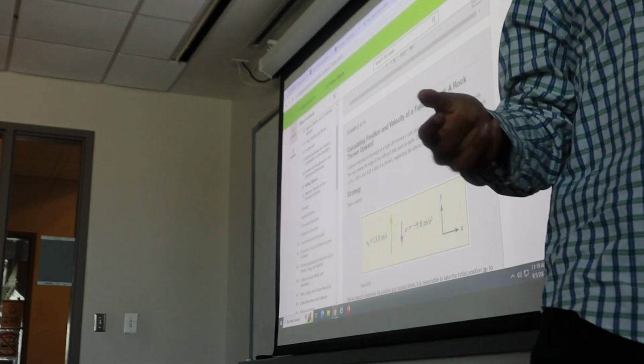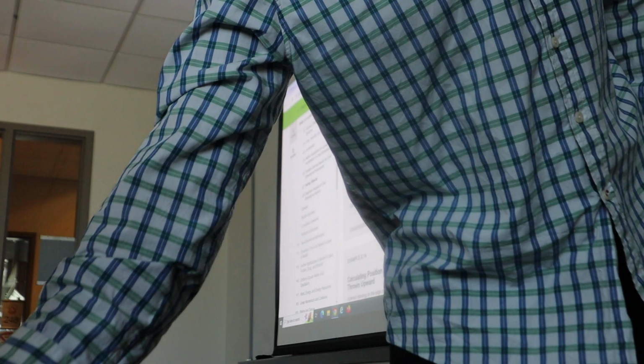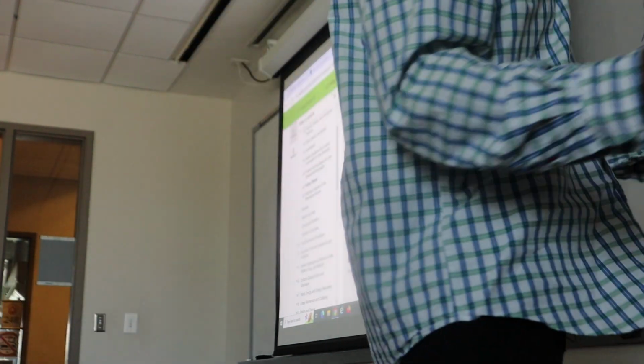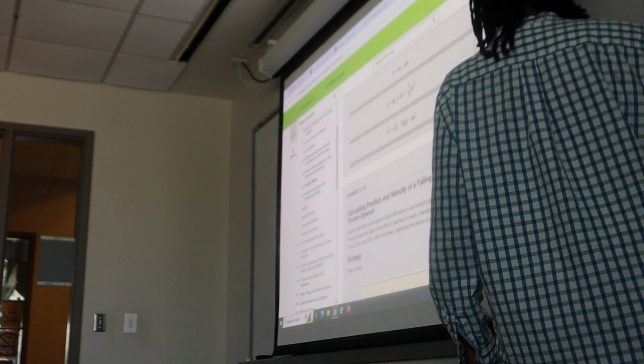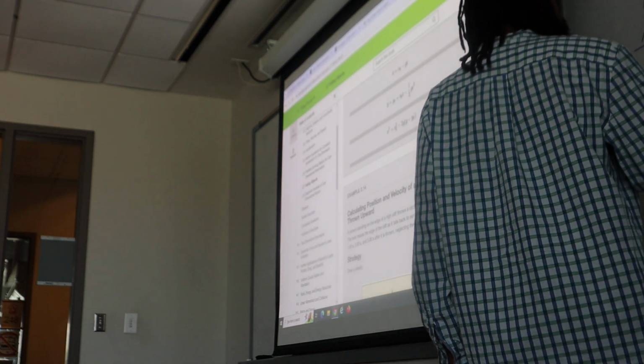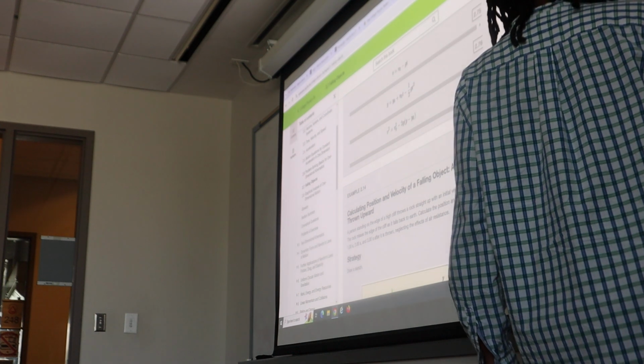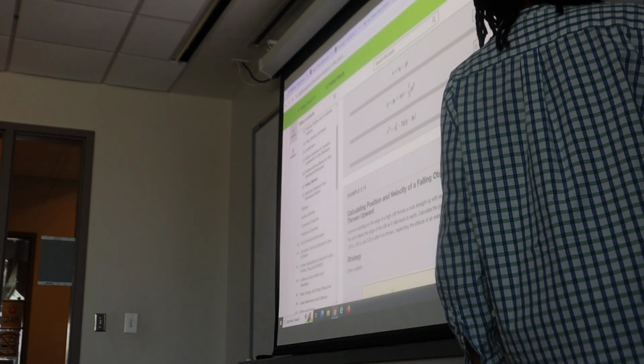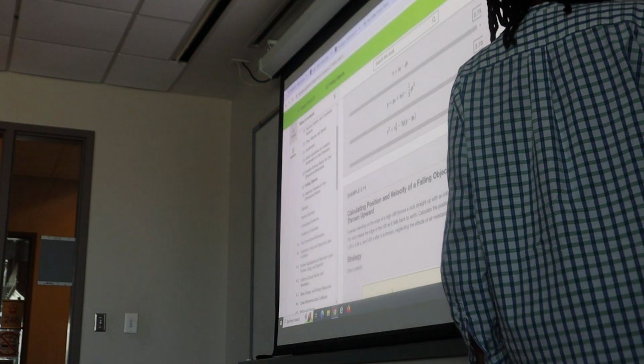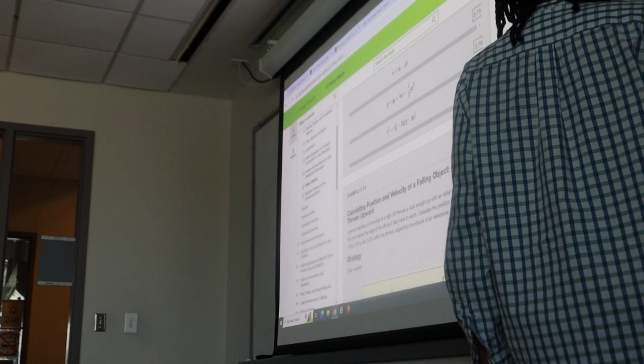So now I'm going to go to the equations. Well, I need to ask, what's my unknown? Question mark. Calculate the position and velocity of the rock. So position and velocity of the rock.